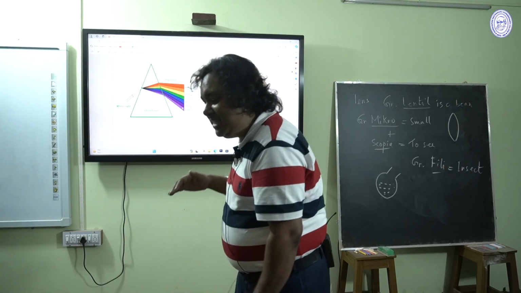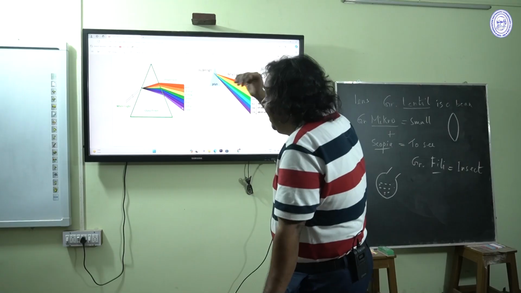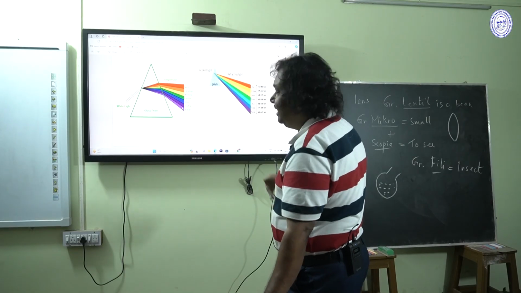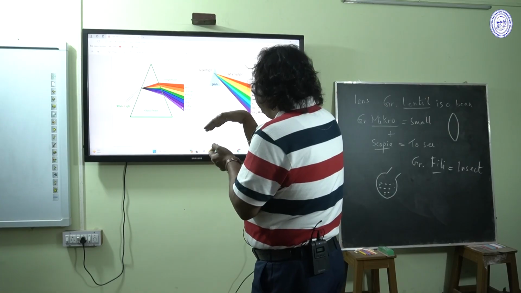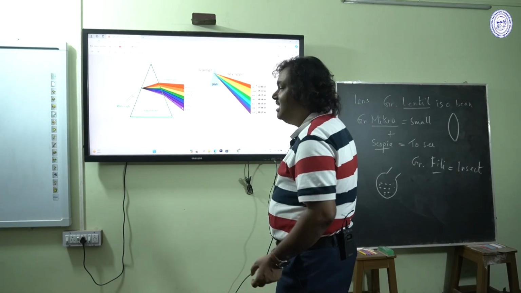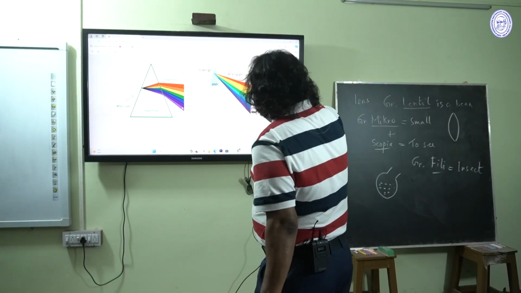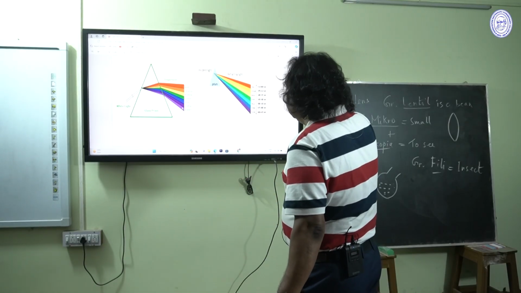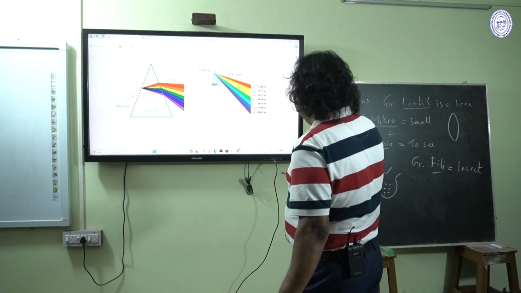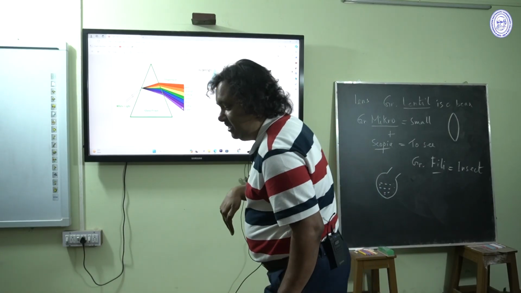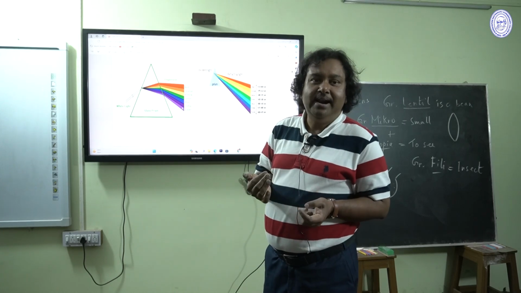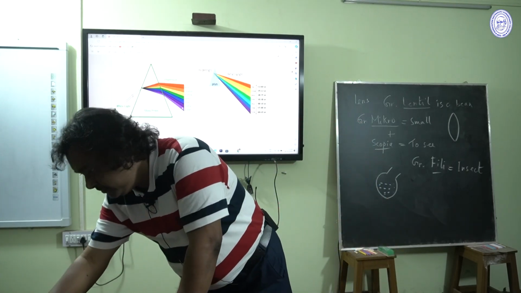This is the dispersion of white light, that is visible light, through a glass prism. After dispersion, the light is separated into 7 different colored lights, simply known as Vibgyor, and each type of light is used in the microscope, and they have different wavelengths. The range of the wavelength of visible light is from 400 nanometer to 780 nanometer.